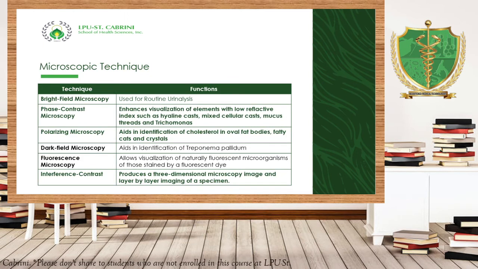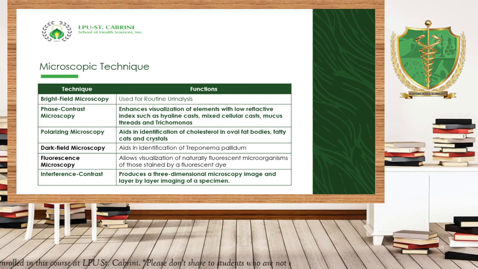Okay, so we have here the microscopic techniques that will be used for urine sediment analysis. Remember, guys, that bright field microscopy is the most common microscope used for routine urinalysis. Phase contrast microscopy enhances the visualization of elements. Polarizing microscope naman aids in the identification of cholesterol in oval fat bodies, and dark field microscopy is for identification of Treponema pallidum.